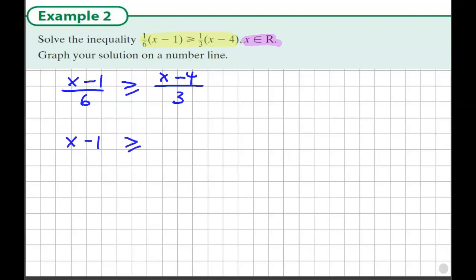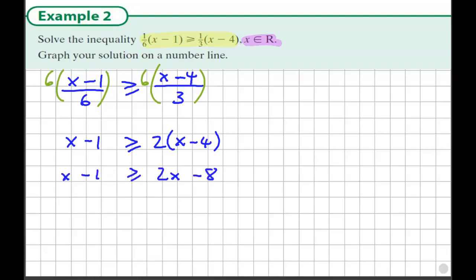If I multiply the other side by 6, the 6 and the divide by 3 summarize to be the multiplier of 2 by 2. So we have x minus 1 is greater than or equal to 2x minus 8.